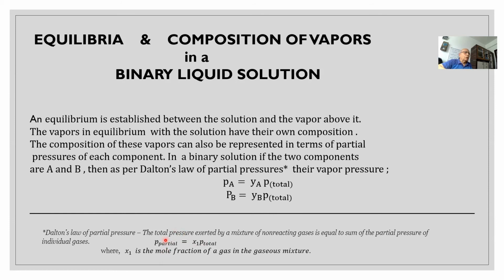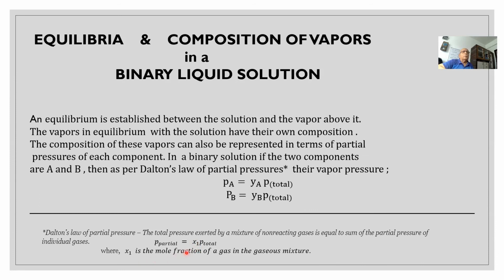Again, according to Dalton's law, just given in a statement here, the total pressure exerted by a mixture of non-reacting gases is equal to the sum of the partial pressures of individual gases. Partial pressure, simply, of any component is equal to total pressure multiplied by the mole fraction of that component.